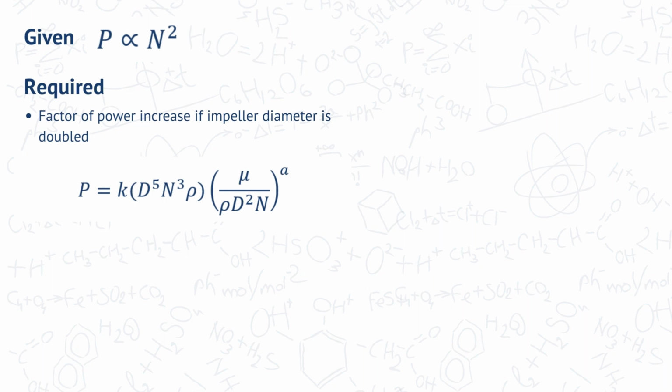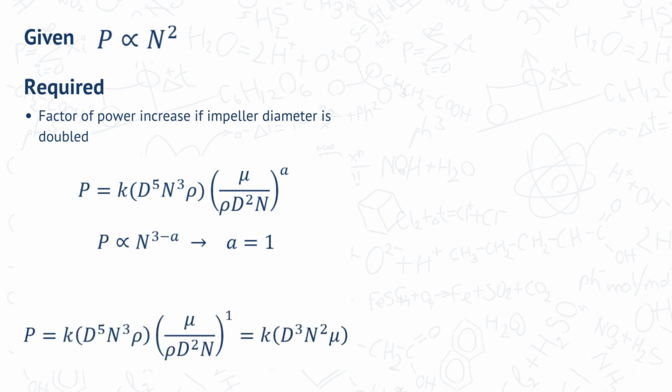To have N squared, N cubed in one factor must be divided by N raised to 1, or a is just equal to 1. Simplifying, we have P is equal to k D to the fifth N cubed times rho, over the Reynolds number term with mu.